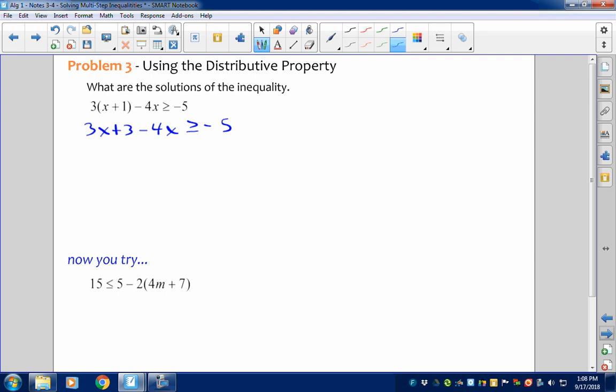What's the next one? Combining like terms. Yeah, take these 2 here and here. And 3 minus 4 is negative 1x. I'm going to write the 1 next to the x, just for the purpose of not losing that negative sign in front of the x, because that's going to be important in that last step. Subtract 3 from each side.